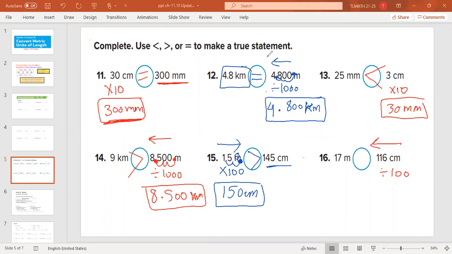Here is my decimal point. Move it 2 decimal places to the left. So it will be 1 and 2. That means the answer is 1.16 meter. And here I have 17 meter. That means this one is greater.